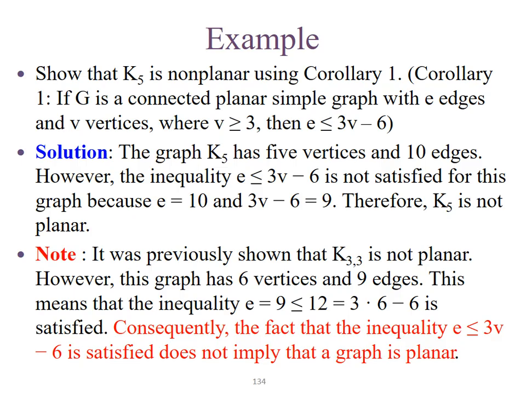But one thing you need to notice is K3,3, because we have seen K3,3 is not a planar graph either. But if you use K3,3, you will see that we have 6 vertices and 9 edges. So when you calculate this inequality, E is 9, and 3 times V is 18, 18 minus 6 is 12.